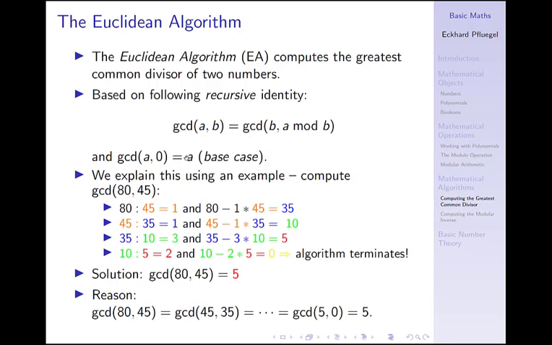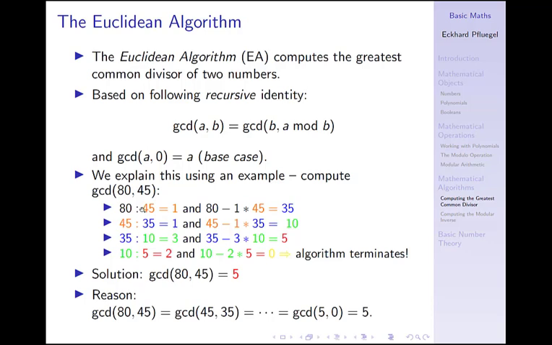So let's look at the example of computing the GCD of 80 and 45. What you're going to do is, first of all, it's going to be a number of steps. Each step I write in one row. So let's start with the first row. You're going to divide 80 by 45. By the way, make sure you put them in an order so that the first argument is greater than the second argument, so you can divide.